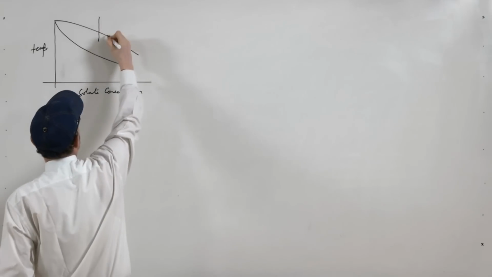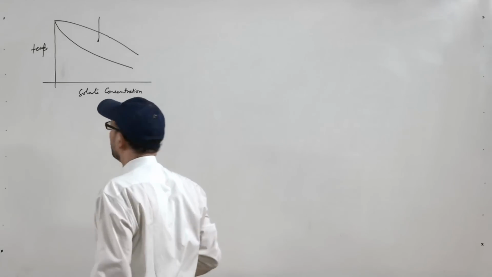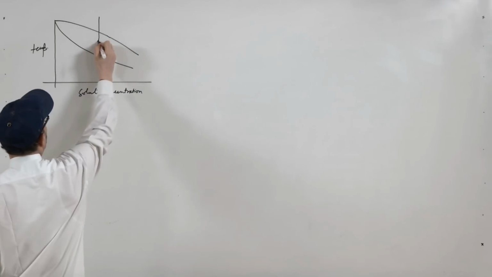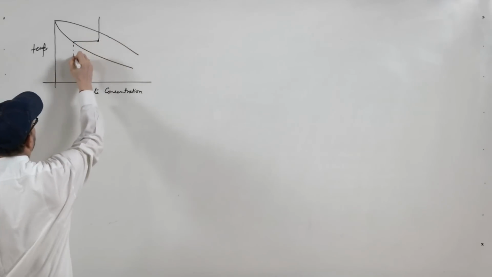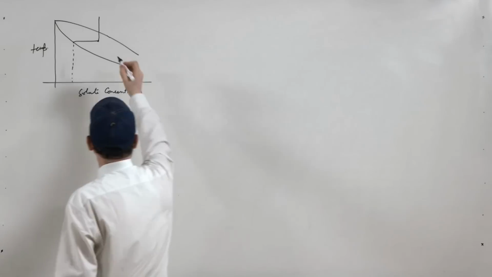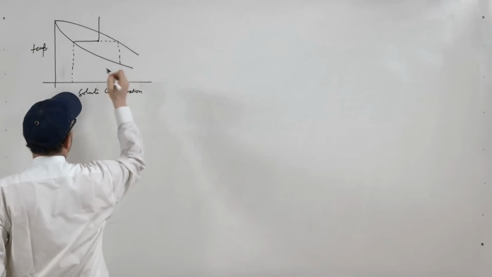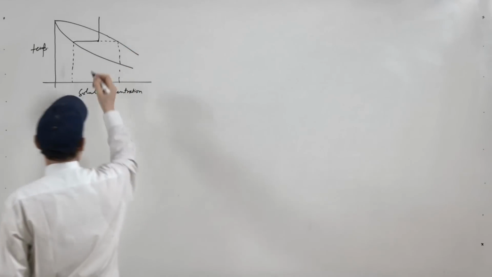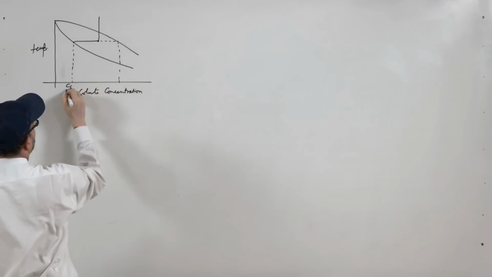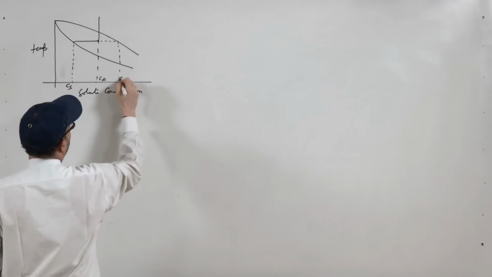When it comes to this temperature, suppose at this temperature the concentration of the solid will be this, and concentration of the liquid will be this. So, basically if it is a composition, this is concentration of solid, this is Ca, and this is concentration of the liquid.